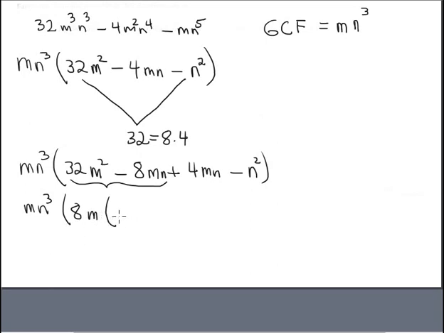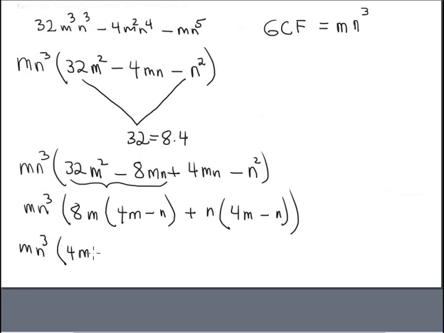Open a new parenthesis, we have 4m minus n. Plus n is the common factor here, and in the second couple we have 4m minus n. Again, 4m minus n is a common factor, so I copy m n cubed, 4m minus n, parentheses, and inside we have 8m plus n.